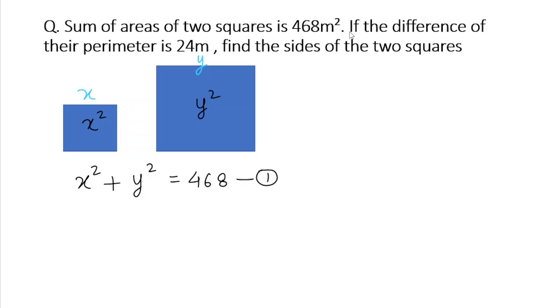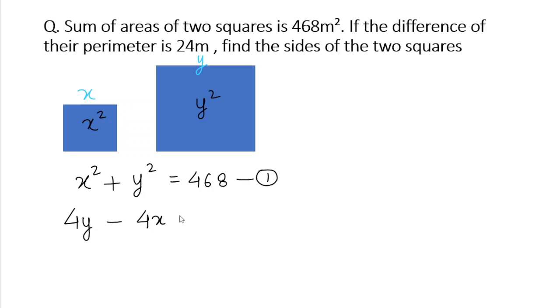Now proceeding further, we have: the difference of their perimeter is 24 meter. The perimeter of a square is given by 4 times the side. So the perimeter of the bigger square we can write as 4y, and the perimeter of the smaller square is 4x.